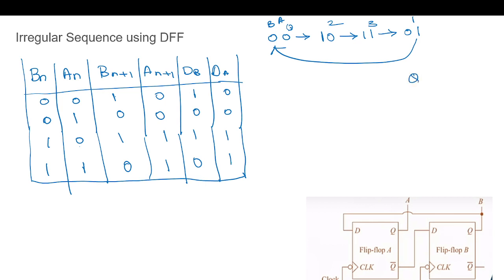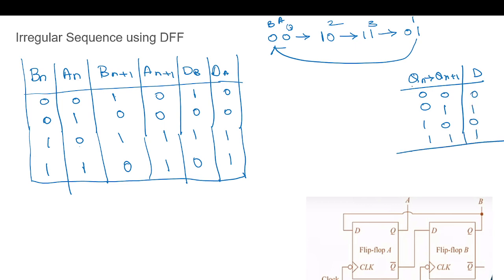We know the excitation table of D flip-flop. It will follow the next state. With this, we will now simplify using the K map.